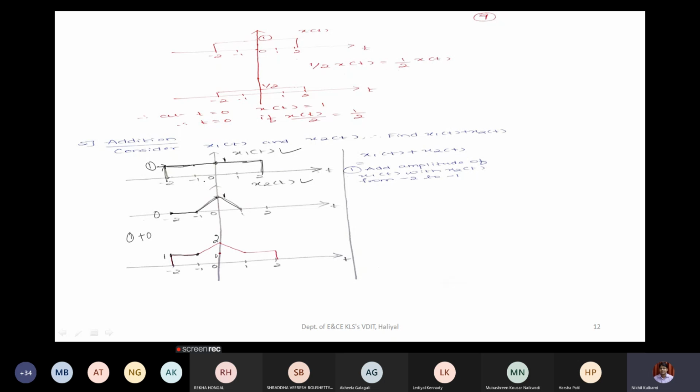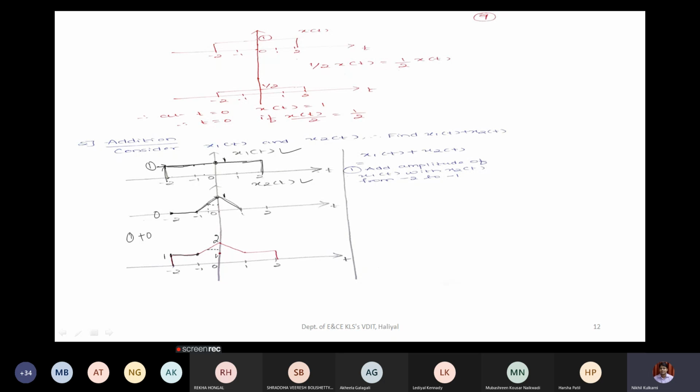In the same way, if you consider a midpoint at 0.5, assume x2 is 0.5, so it will be 1 plus 0.5, that is 1.5. At 0, what is the peak value?